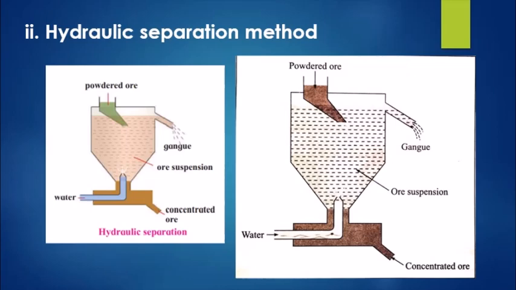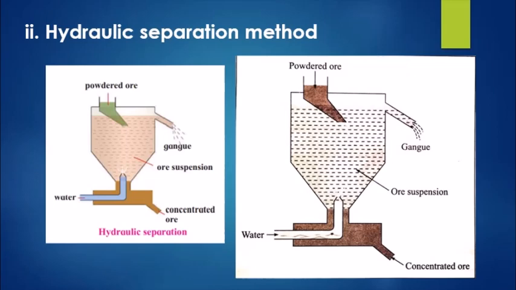As the powdered ore is thrown inside, we know that the lighter particles remain on the top and the heavier particles settle at the bottom. So the gangue particles, being lighter, flow out along with the water jet from the outlet on the upper side, and the heavier particles settle down on the lower side.